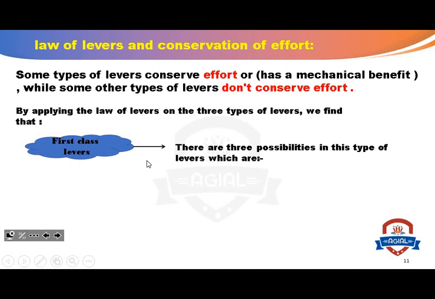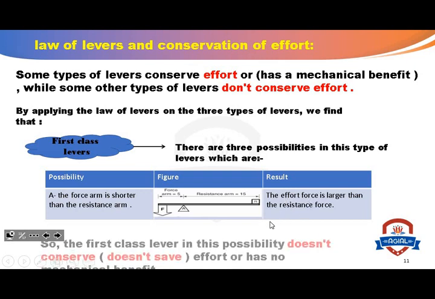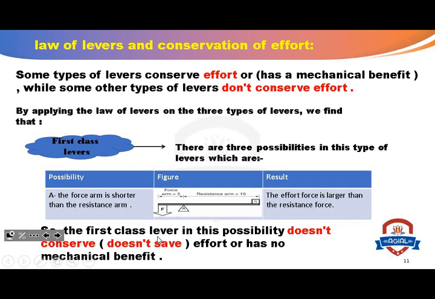Possibility number 1: the force arm is shorter than the resistance arm, so the effort force is larger than the resistance force. In this case, the lever doesn't conserve effort or has no mechanical benefit.